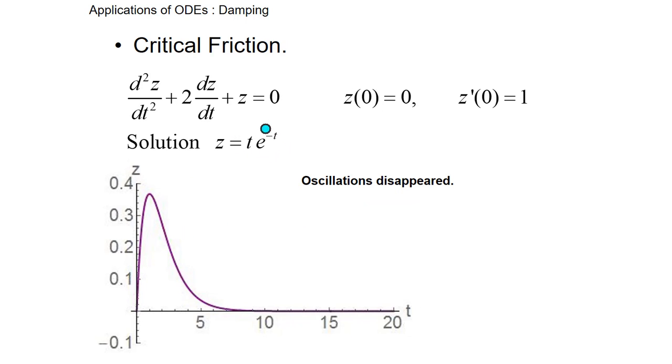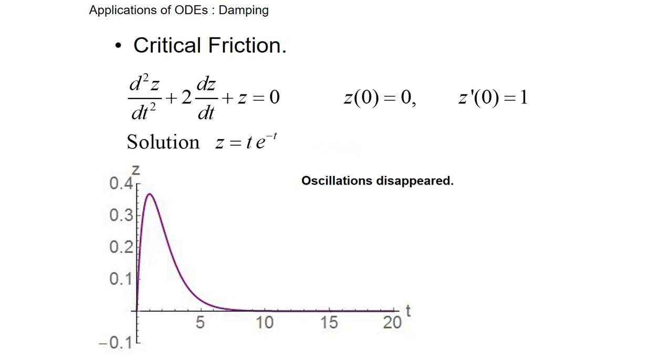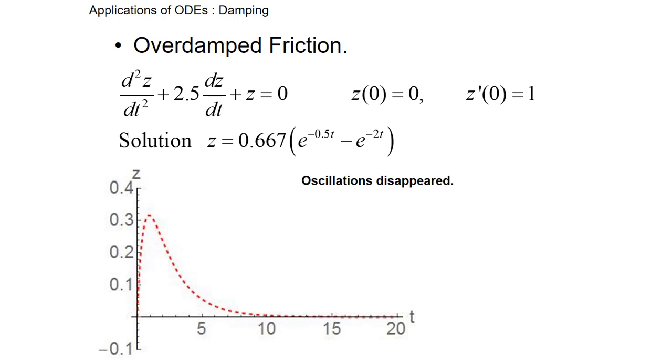So it smoothly goes through this critical damping regime, where we have te to the minus t, and if we increase, say, to 2.5, you can now see we've got two exponentials, two decaying exponentials. So no oscillations, well, no oscillations here, no oscillations here. And now it's a case of, yes, it just comes out and then returns back to its equilibrium position and stays there.